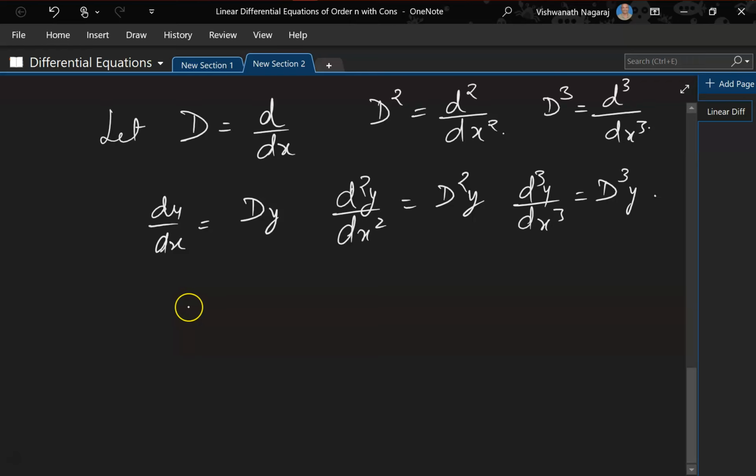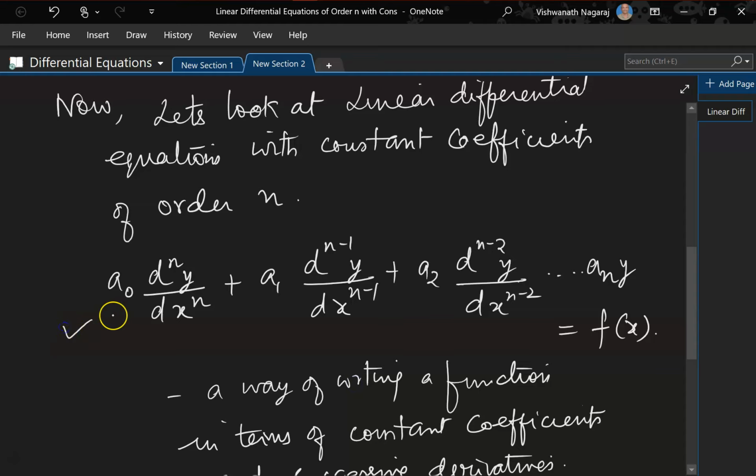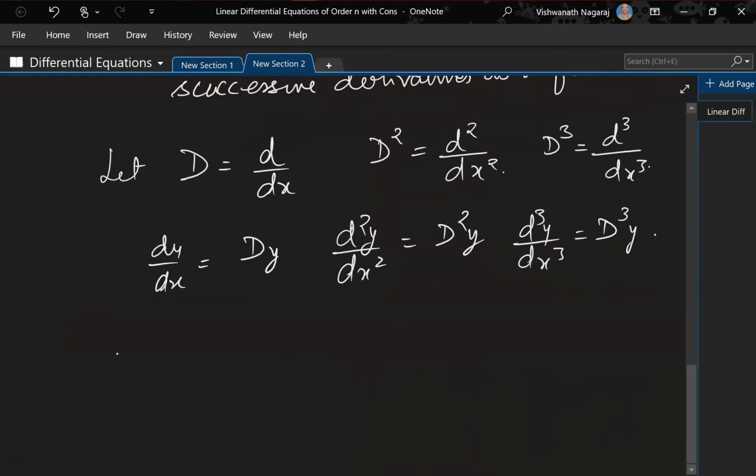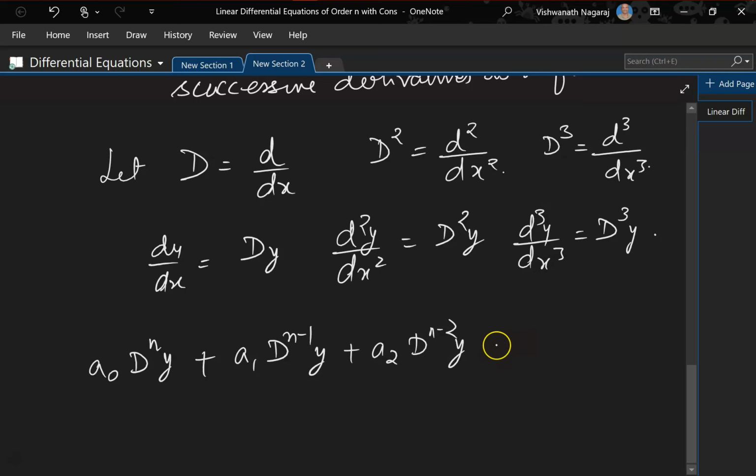So using this notation, our general form will look like this: a naught D^n y, the nth derivative, plus a1 D^(n-1) y plus a2 D^(n-2) y, and so on till we reach a n y is equal to f of x.